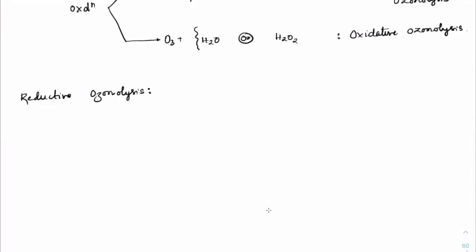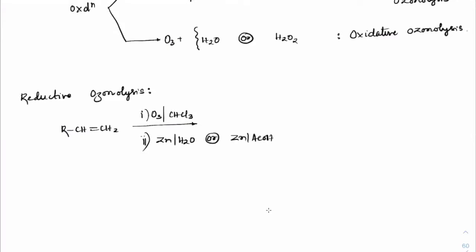If you take any alkene like RCH double bond CH2 in the presence of O3 in some solvent, typically chloroform, CCl4, and so on, and then second, if you add zinc and water, or we can take zinc with acetic acid also, or we can take Me2S.